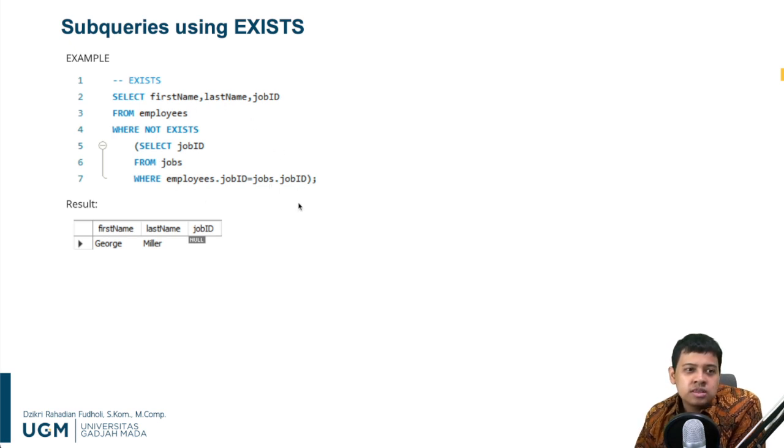So we get the employees without a job ID. Once again, this is an example of using the subquery, but in real life we can use a better query, just like in the previous videos using join.